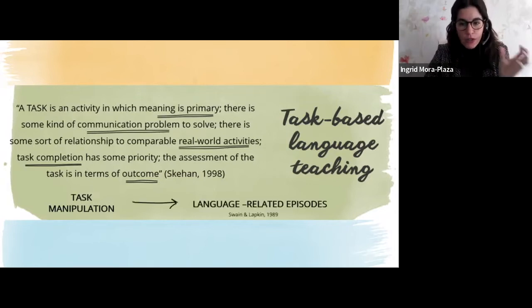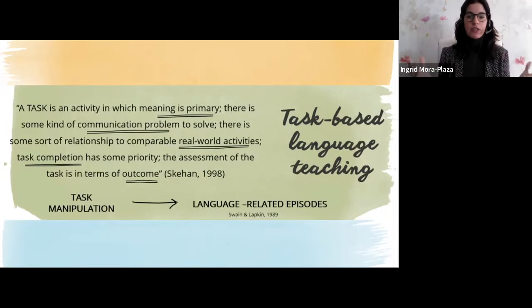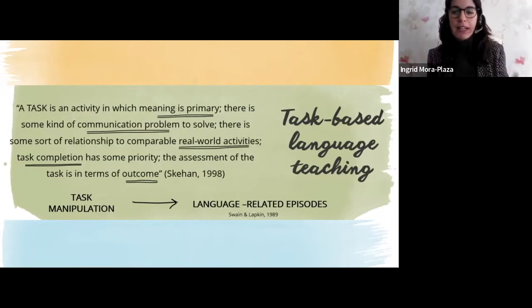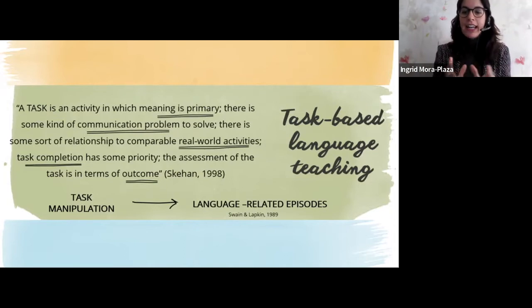So these reflections on form are observed in the form of language-related episodes, which are defined by Swain and Lapkin as instances where learners talk about the language that they're producing, they question their language use, or correct their own production. And they have been shown to be particularly important for language learning, and this is promoted by task-based interaction.